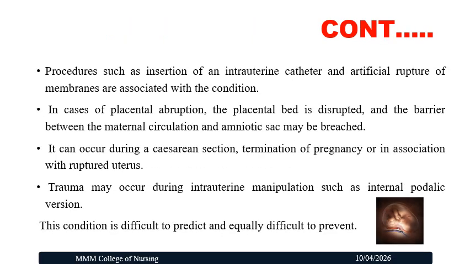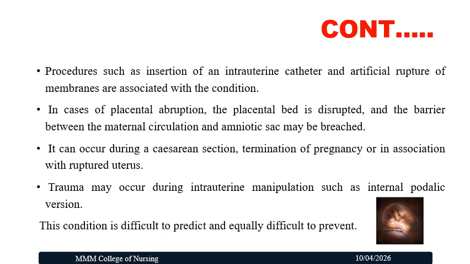Other factors like procedures such as insertion of an intrauterine catheter and artificial rupture of membrane can also lead to membrane tear. In cases of placental abruption, the placental bed is disrupted and the barriers between the maternal circulation and amniotic sac may be breached.